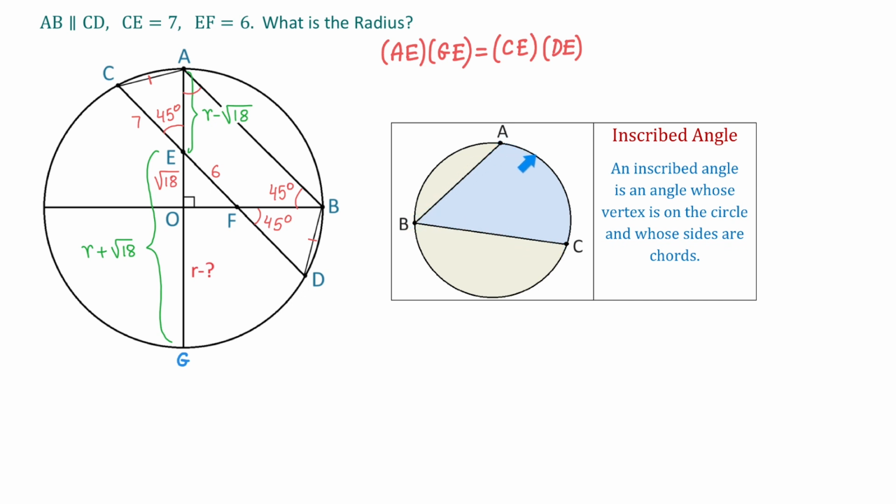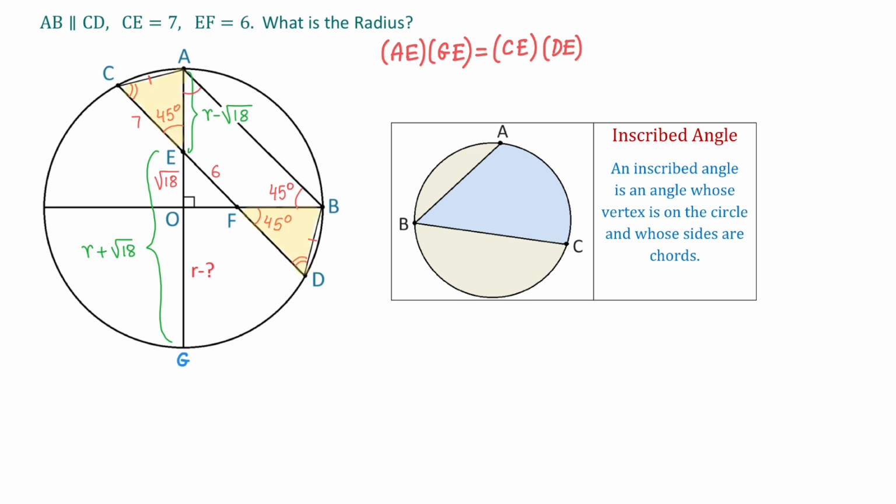And AC is the arc formed by this angle. So in our figure again, the angle ACD forms the arc DBA. And the angle BDC forms the arc CAB. And because these two arcs are equal, then the angles C and D are also equal.